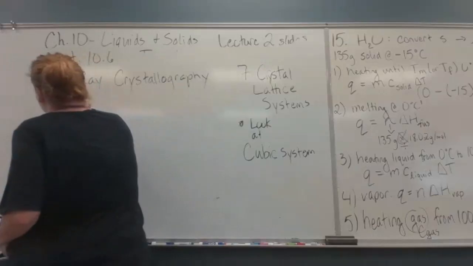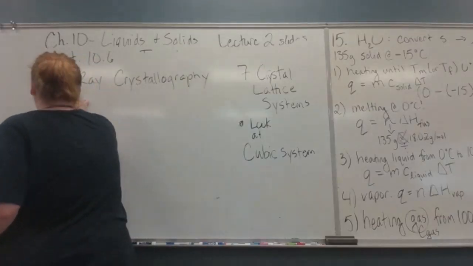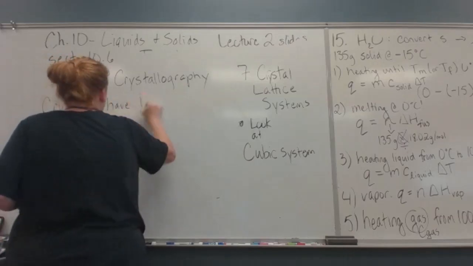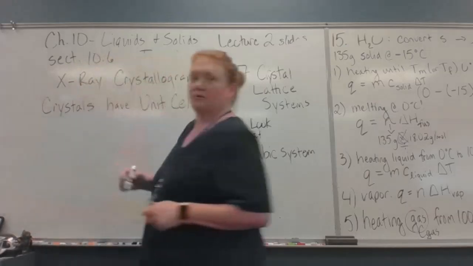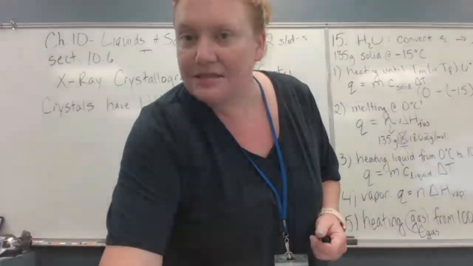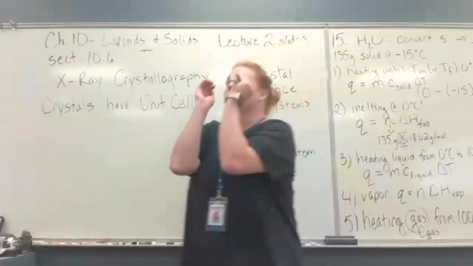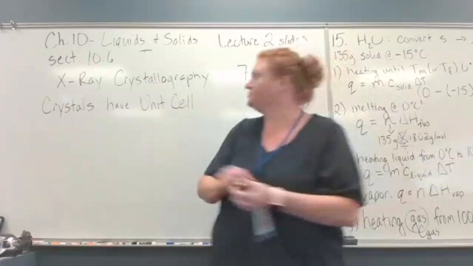All systems have what is known as a unit cell. Crystals have unit cells. What is a unit cell? A unit cell is the simplest repeatable unit of a solid.